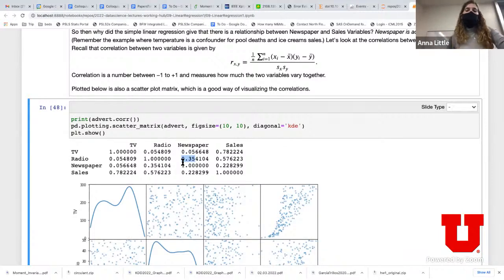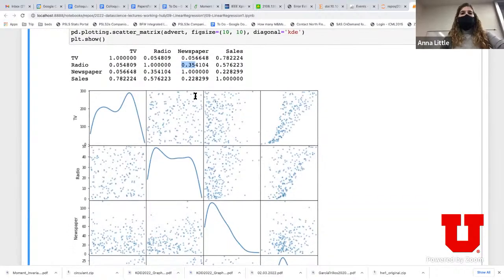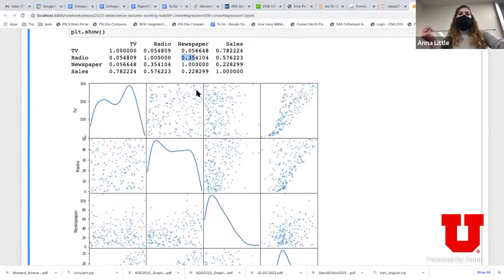That's not a real strong correlation, but it's a weak to moderate correlation, maybe a medium correlation. So it may be hard to really distinguish the effect of spending money on newspaper ads when we have this correlation with radio.